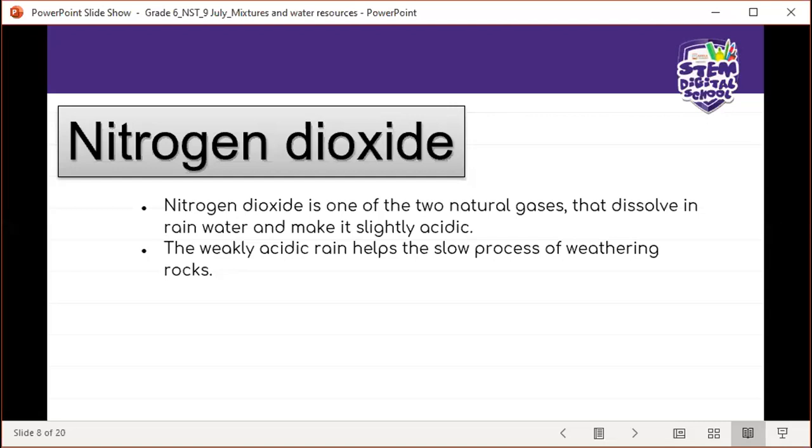Anyone who wants to try, maybe give an educated guess? I see Michael, who initially said that he doesn't know, says the rocks get hard. All right. Thank you for your answer, Michael. Anyone else maybe wants to try? Give an answer. What do we mean when we say that rocks are being weathered?